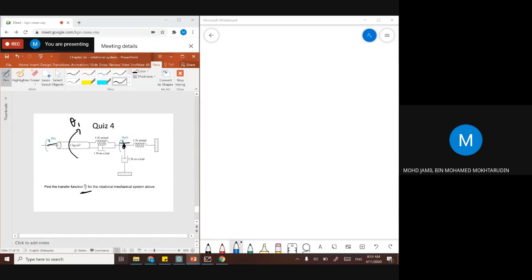Okay, so let's do free body diagram for theta 1 first, okay? Okay, so on theta 1 you have the torque T. So we assume the torque is in the same direction with theta 1, okay?